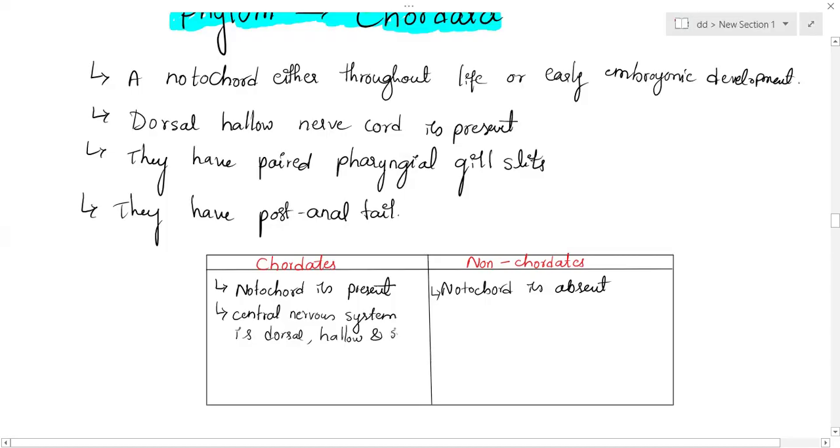And it is single. Whereas in non-chordates, the CNS, that is the central nervous system, is in the ventral part, and it is solid and double. It's not single, it's double.